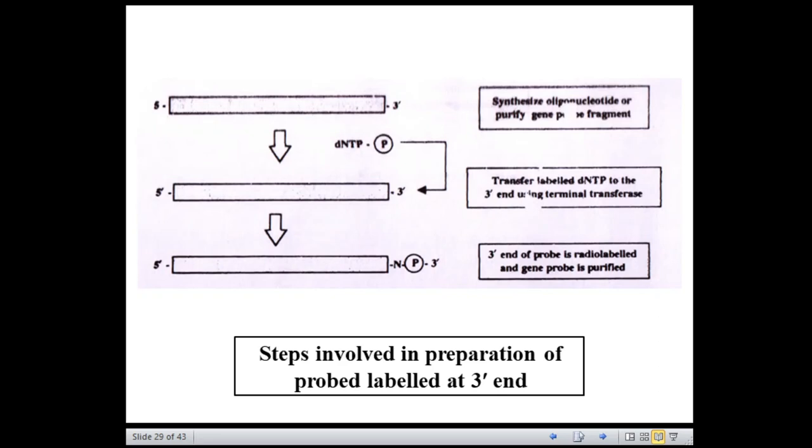This is the important disadvantage when compared to any of the other methods which incorporate labels along the length of the DNA, because these end labeling methods add only one label to the DNA.